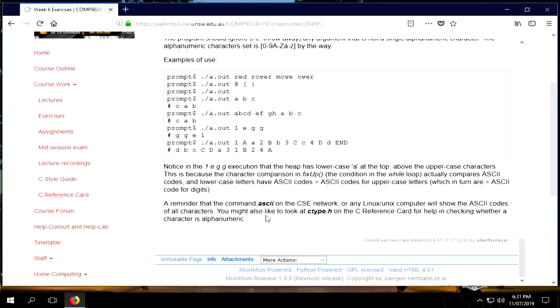And this is a nice exercise for another reason. I say it even there, alphanumeric, I've got to pick up character sets. If you look at the C reference card, under ctype.h, page 2, you'll see one of the little functions you can call, is alnum, I've forgotten, something like that.